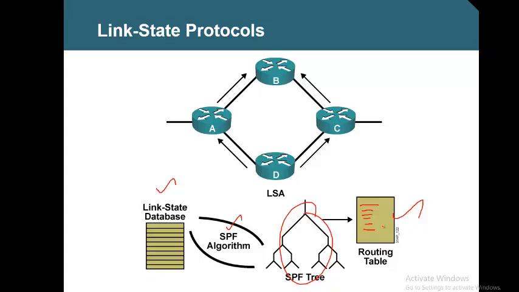Using that topology, which is called the link state database, the shortest path algorithm, SPF algorithm, can find the accurate path for each destination, and that accurate path is installed into the routing table.